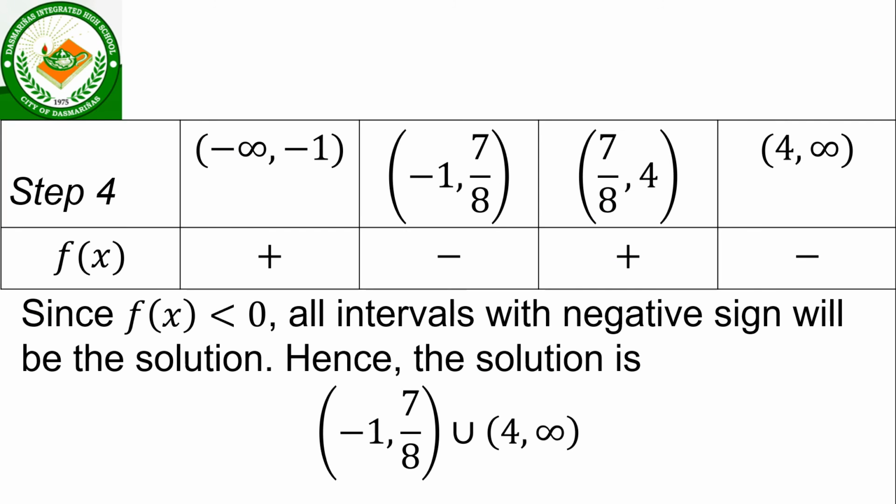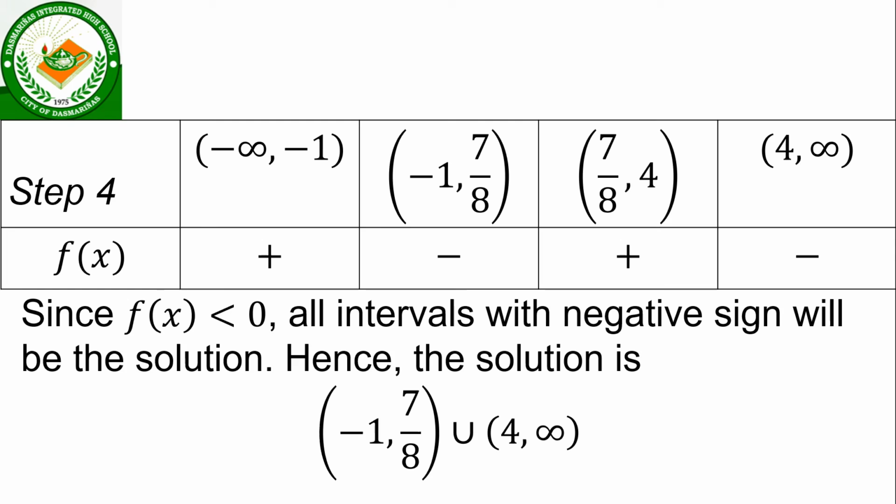So we have here the summary of what we have in our sign table. F of x has the sign positive in the interval negative infinity to negative 1. From negative 1 to 7 over 8, both exclusive, negative. From 7 over 8 to 4, exclusive, positive.